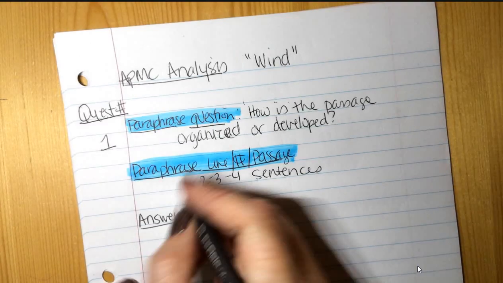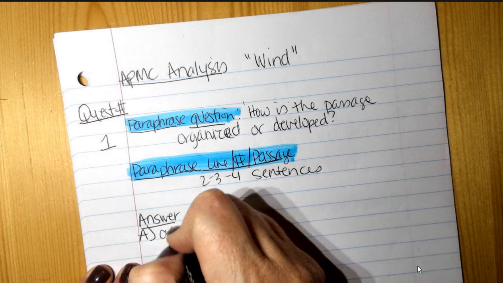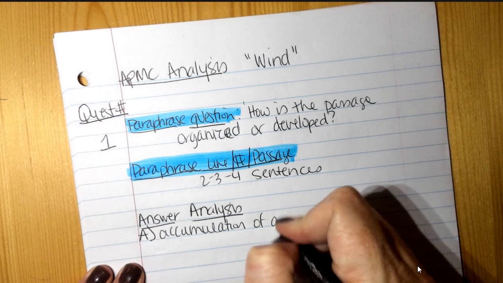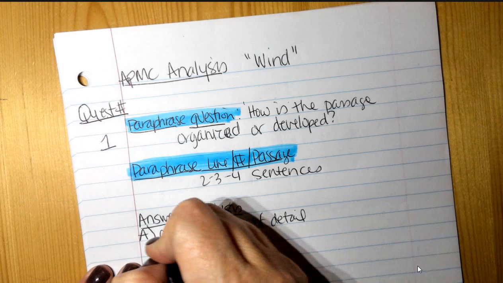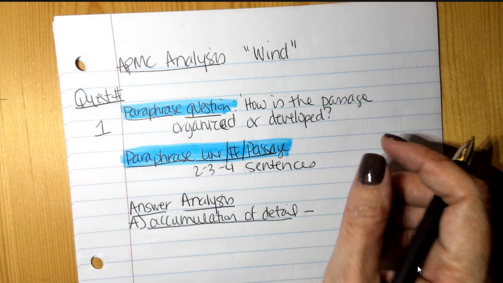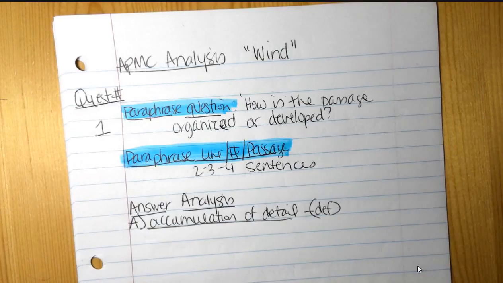So we're going to look at answer choice A, and we'll do accumulation of detail. Here, I basically need you to define it or paraphrase what that is. What does accumulation of detail mean?